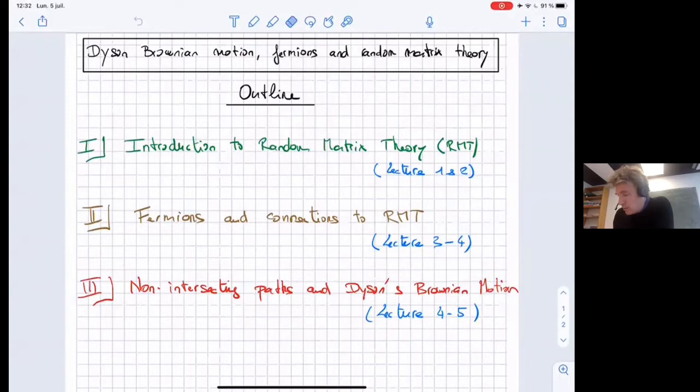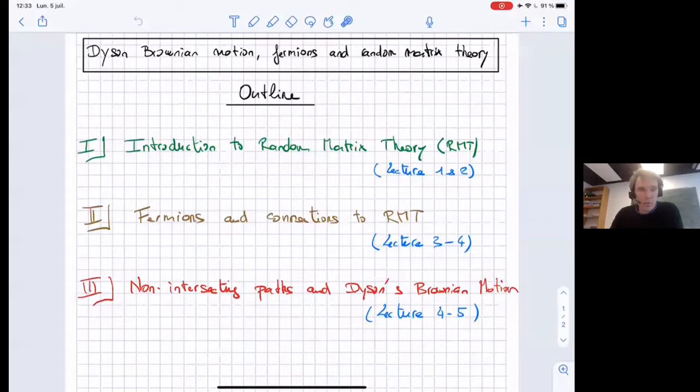The second subject that I will talk about is fermions, a topic that we have been working on quite a lot during these last years with my colleagues and friends. Satya is here, and also other colleagues, Pierre Le Doussal, David Dean, and many other students.